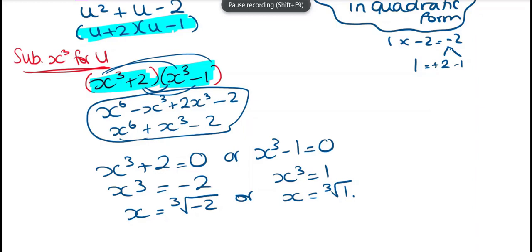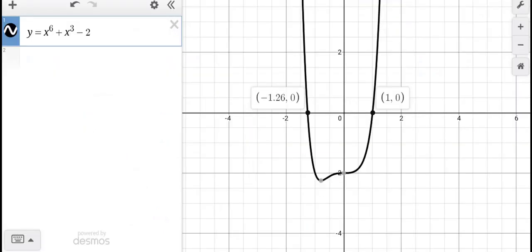This will give us answers of approximately minus 1.26 and x as 1. If we check this in Desmos, by putting the graph into Desmos, we can see that we have solutions of minus 1.26 and 1.